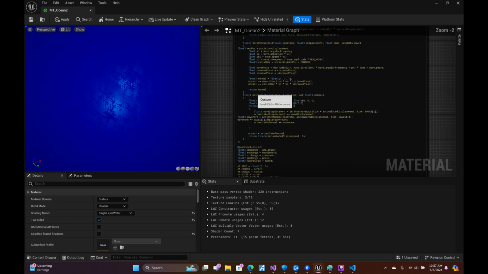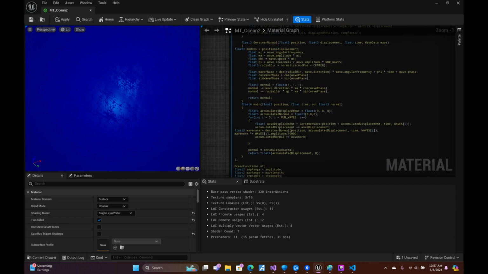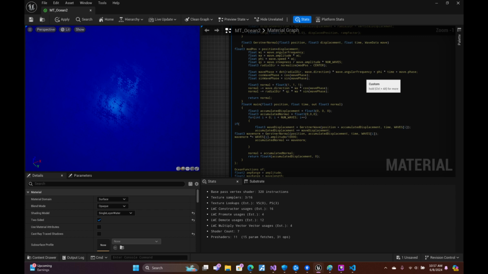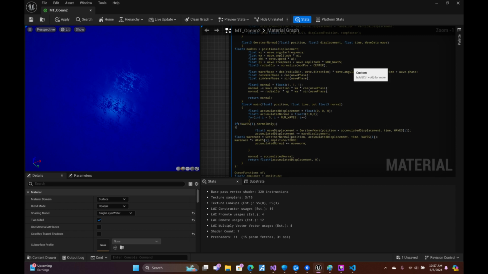And then here, if waves[i].normalOnly, it's not normal only, we will increment our accumulated displacement.